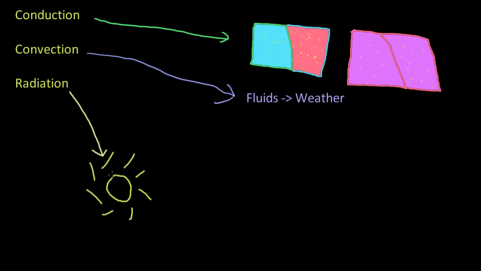The sun radiates light and heat through space to us over here on the Earth. Right? Okay. So those are your three methods of heat transfer. Know which is which. You'll see that on a test. That's not hard.